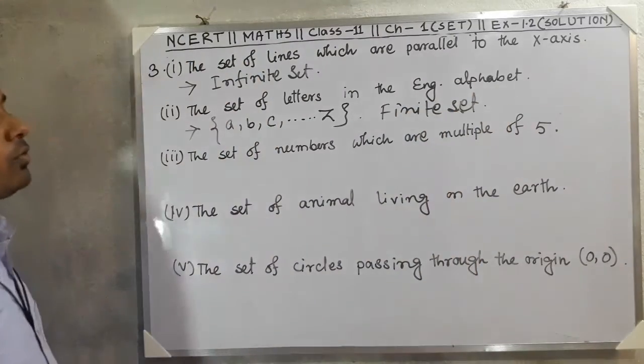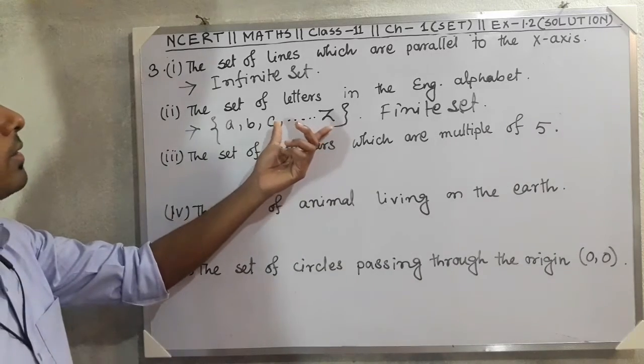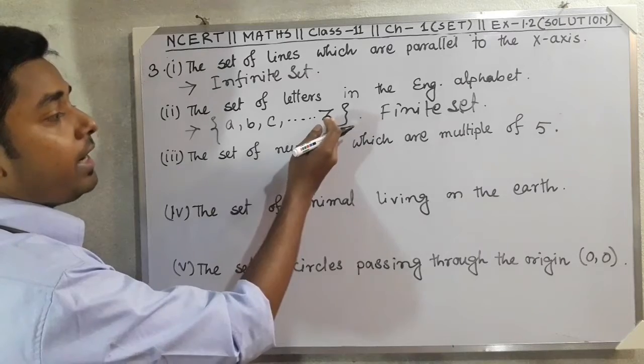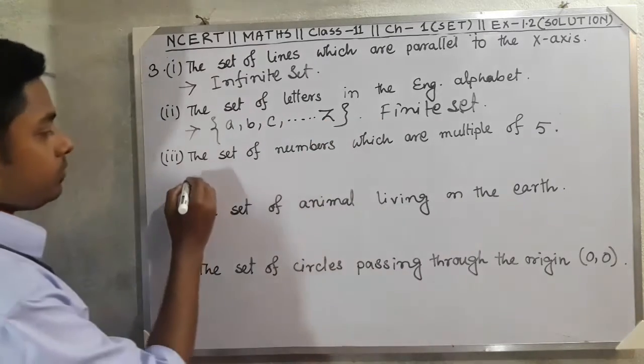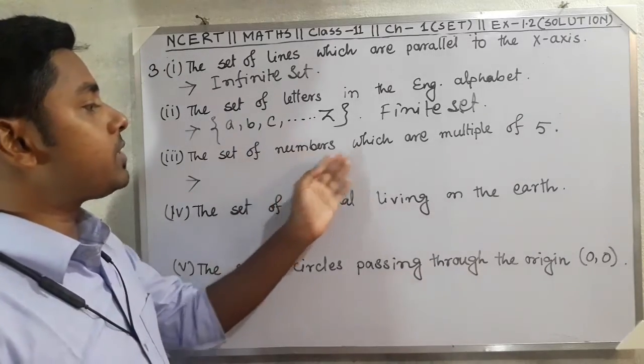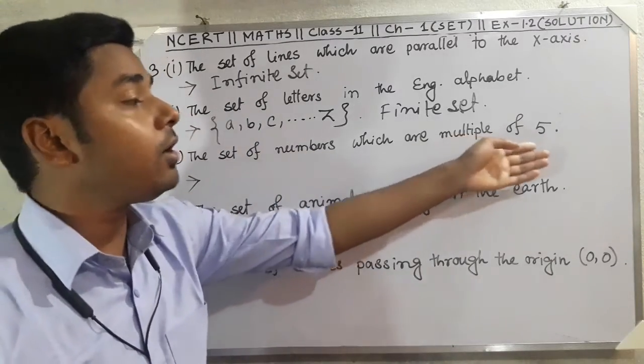Is that clear? Is it clear how to identify a finite or infinite set? You just have to check the ending point. Okay, and now the set of numbers which are multiples of 5.